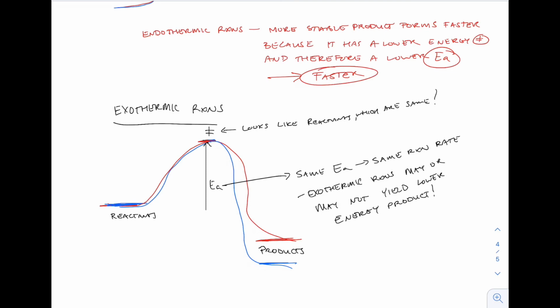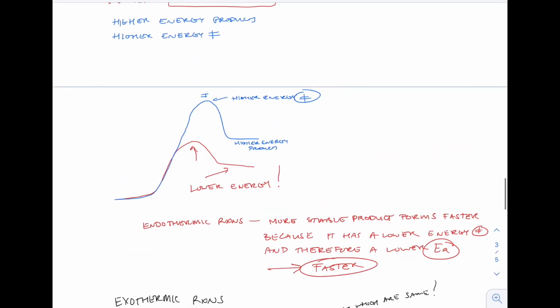Okay, so it's important that you put that in your brain, write it down, think about it. This is representing a scenario where we can have two possible products in a given reaction. Now what we need to do is think about the energy levels of those transition states, if it's endothermic or exothermic, etc.